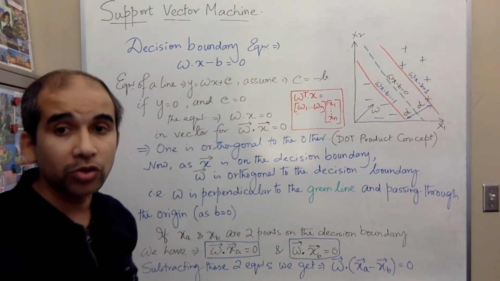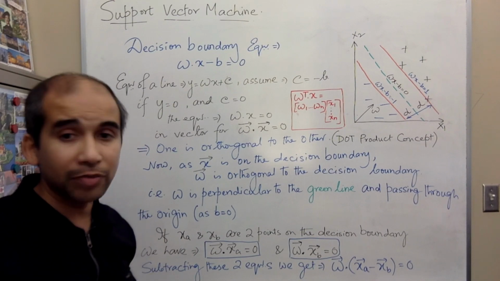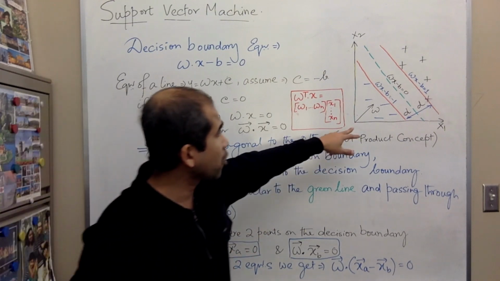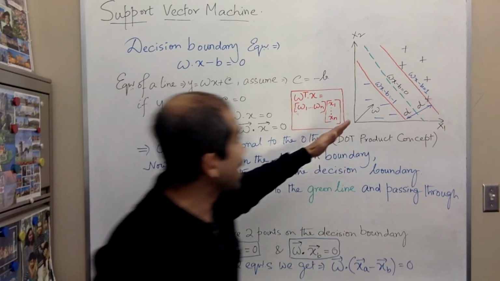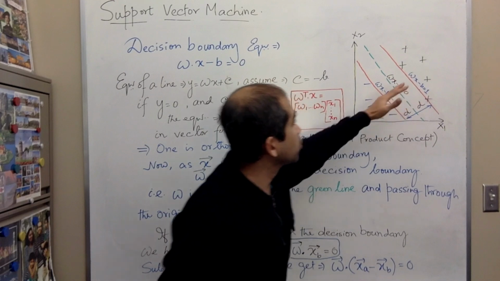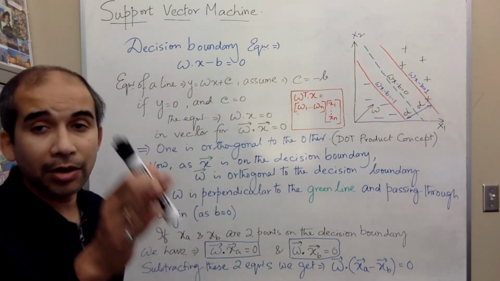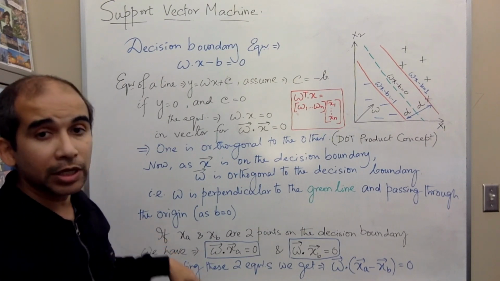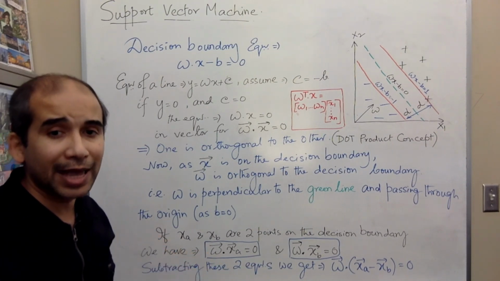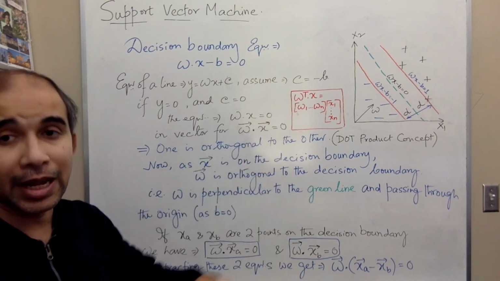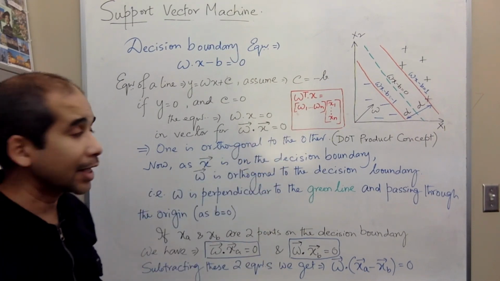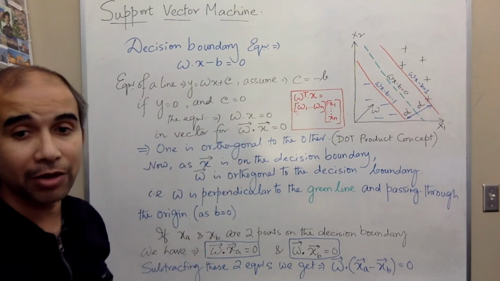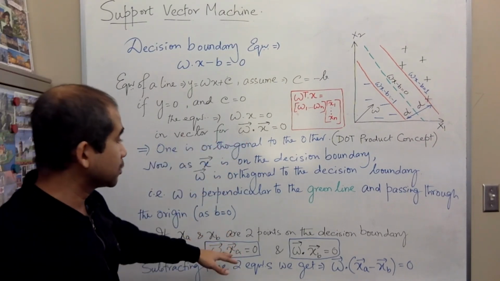The intercept is 0. So when a line's equation intercept is 0, that means the line is passing through the origin. That's why I've drawn W through the origin, and then I'll extend that so that it crosses the green line and it's perpendicular to that. So you see, there's another important thing. If we have two other points like xa and xb on that green line or the decision boundary, then the equations can follow this format and can be written as w times xa equal to 0 and w times xb equal to 0.